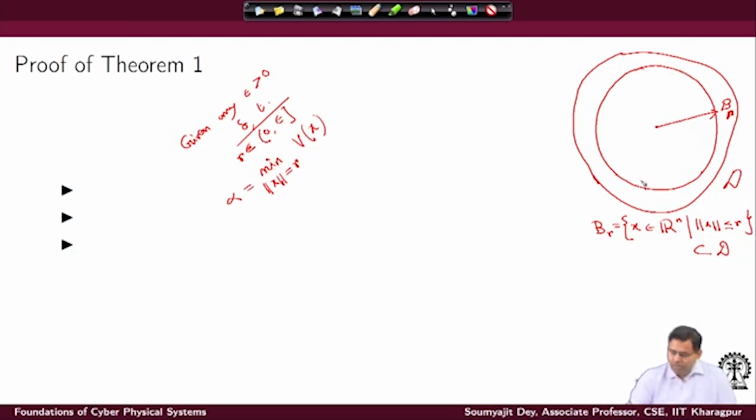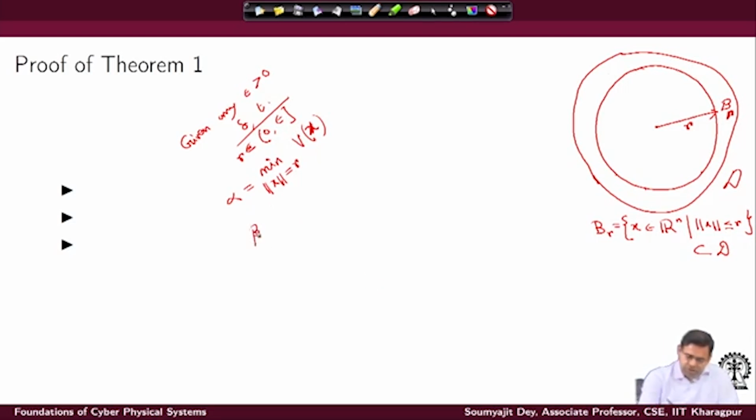So, you are taking this radius and you are taking all points which lie on this radius and you are evaluating V x on them, and that minimal value is what we call alpha.